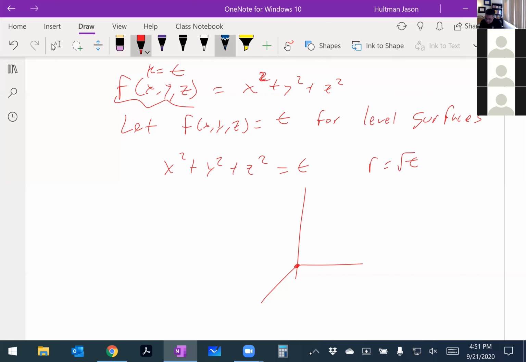Just know that k is equal to t. So when t is equal to 0, we're right there, at a dot. When t is equal to 1, we're at a sphere of radius 1.